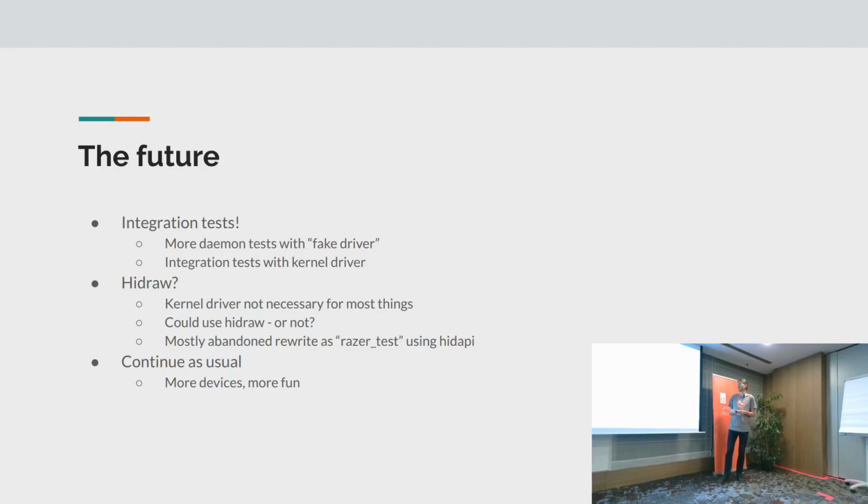Years ago I started a rewrite that I wonderfully called Razer_test, which was doing this exact thing: from user space, just talking via hidraw, using HIDAPI, which is a wonderful cross-platform project for sending USB HID stuff. This project even ran on the different BSDs that I tested.